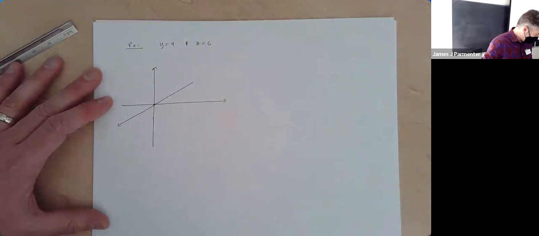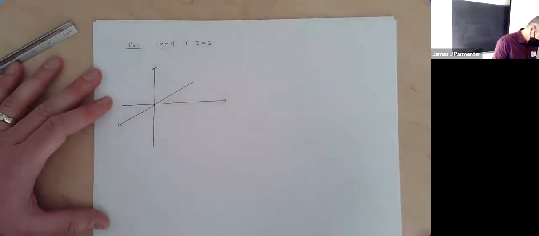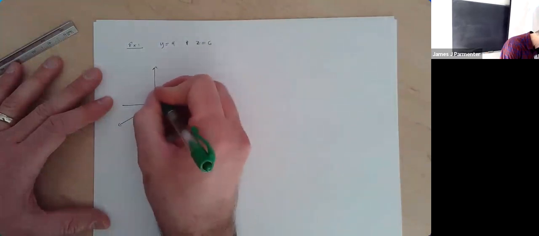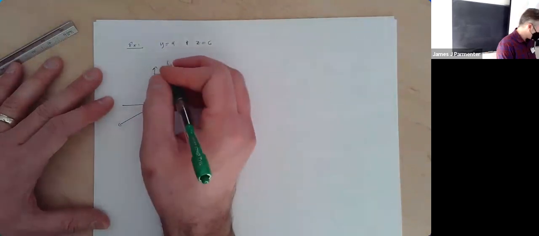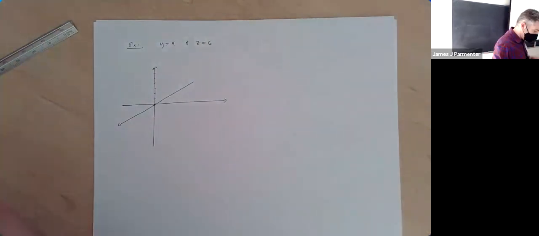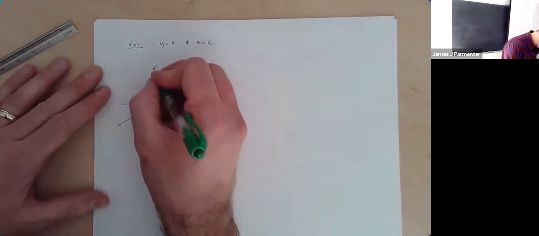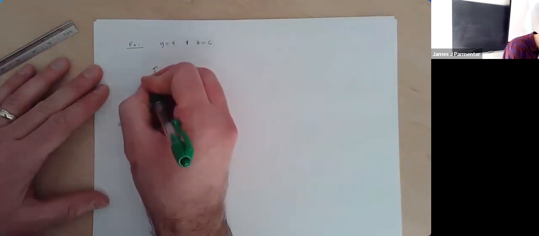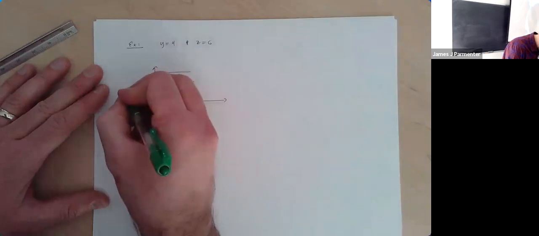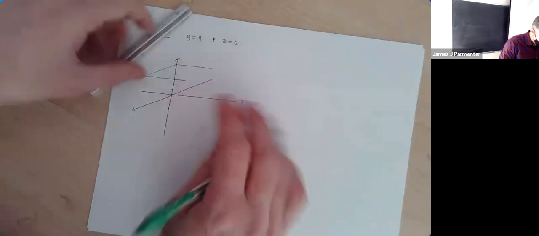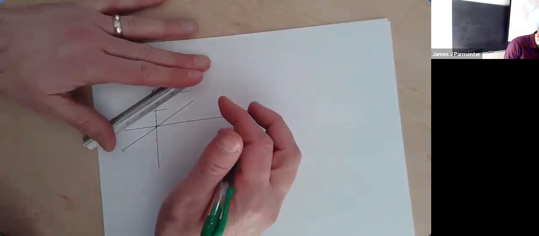Here's where my skills start to waver, that's okay. So z equals 6, 1, 2, 3, 4, 5, 6. Even though this could extend way to the left and way to the back, it's usually easy to draw in your wheelhouse. So I'm just going to extend this to the right and forward because that's easier for me to draw. Try and draw this line parallel here.